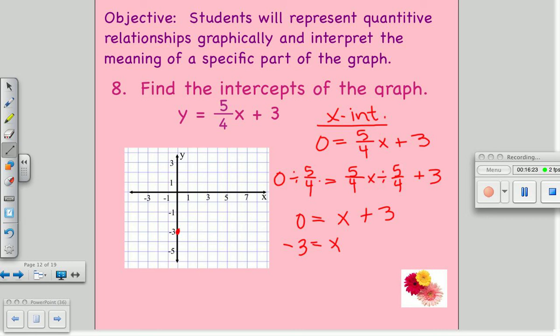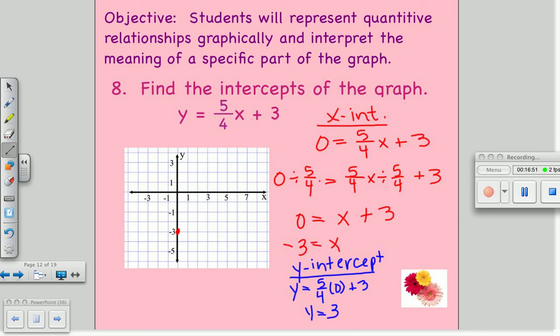I'm going to do the y-intercept in a different color so we don't get confused. Y-intercept. Now we're going to substitute x for 0. So now we're going to have y equals 5/4 times 0, x is 0, plus 3. Y equals 5/4 times 0 is 0, and 0 plus 3 is 3.